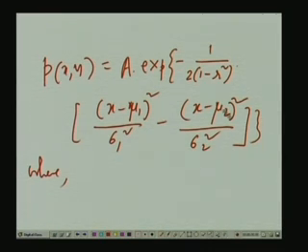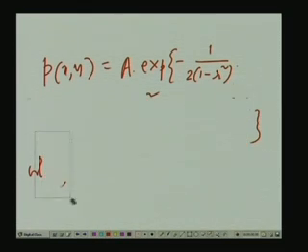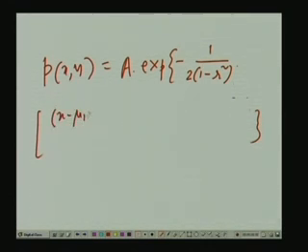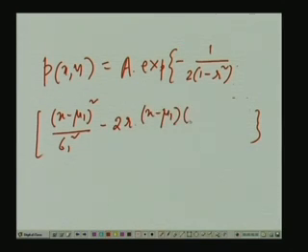This is a very special case, so this is a mistake, let me correct it first. This is a very big expression actually.